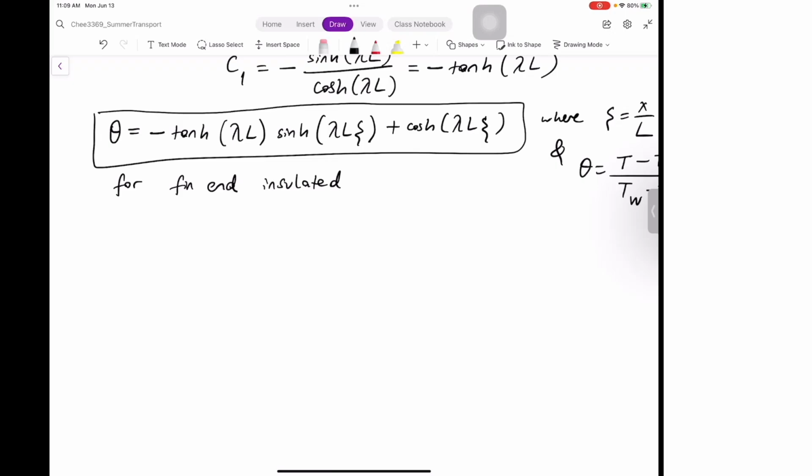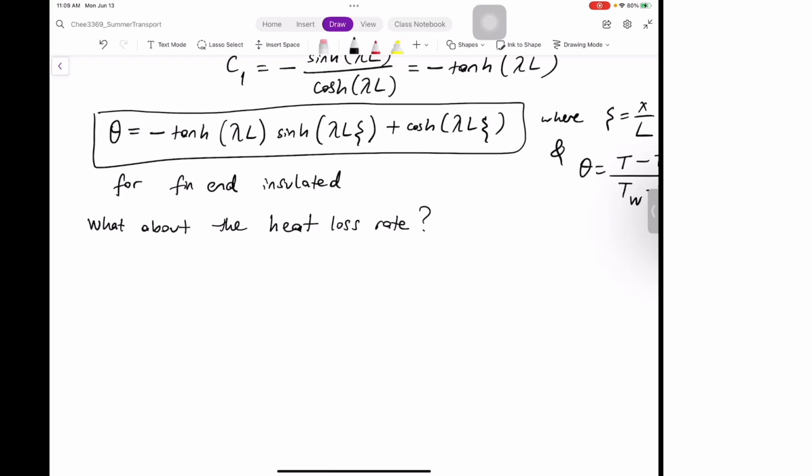Now we found this theta for this case. Maybe we can come up with different situations and find the theta for different cases. But for this one, how can I find the heat loss? What about the heat loss rate? How can I find it?